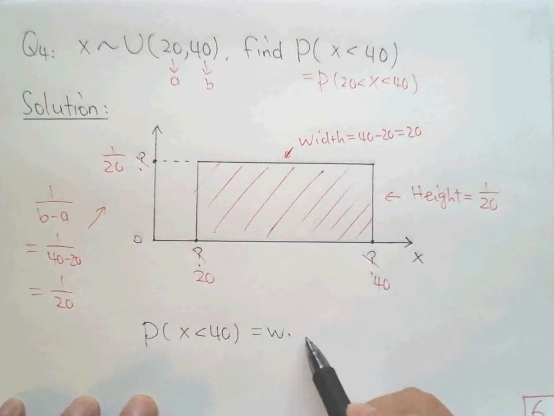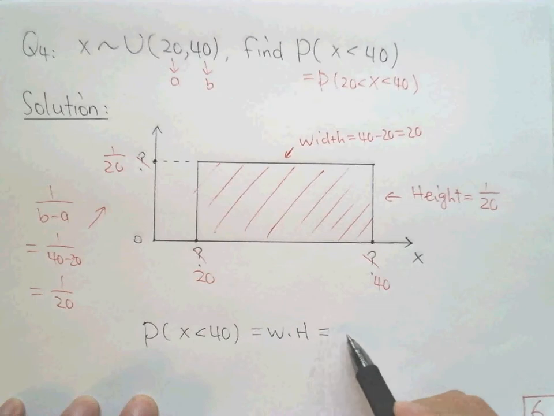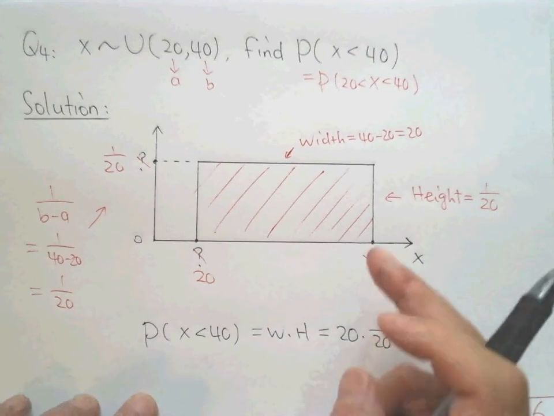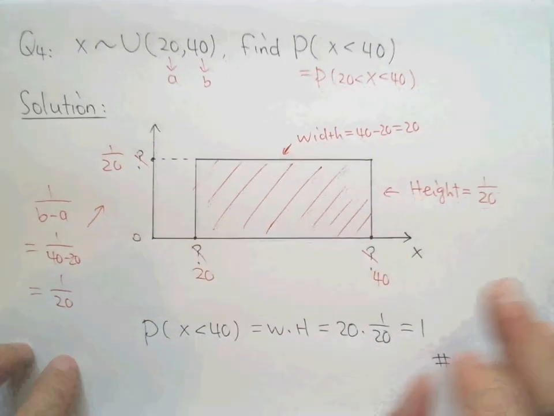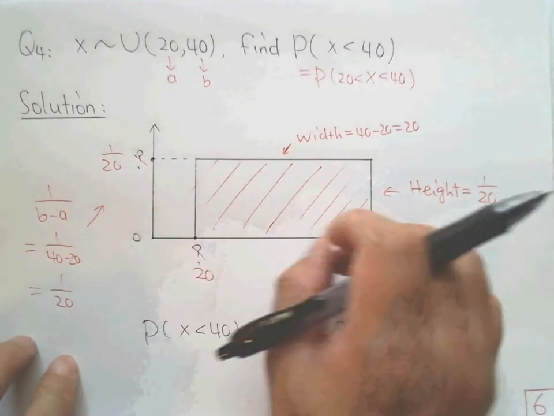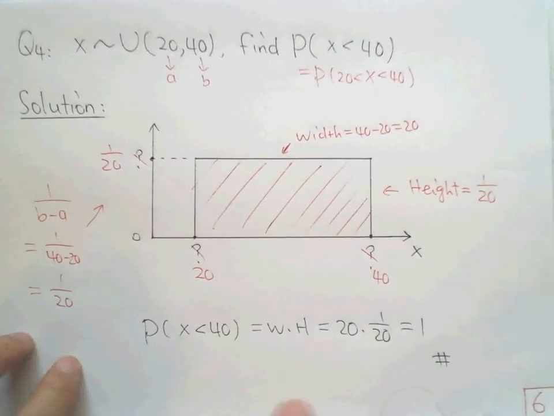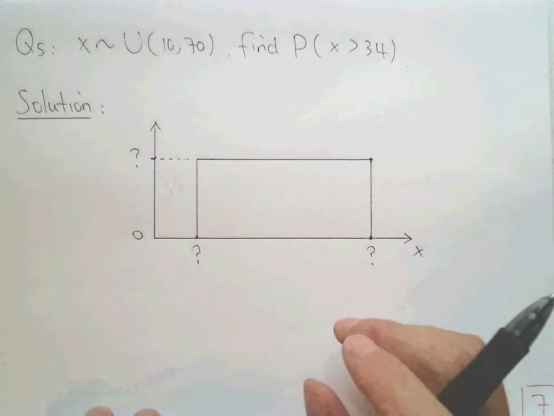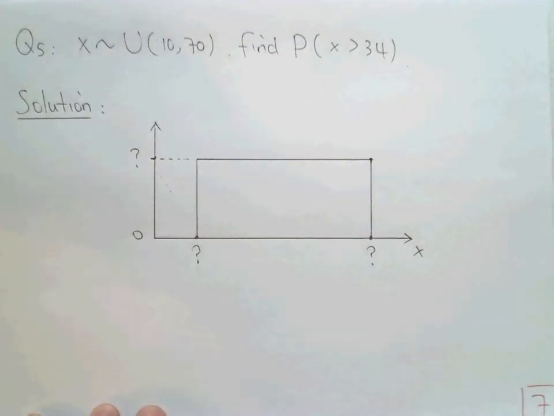The probability of x less than 40 is the width times the height. The width is 20. The height is 1 out of 20. Can you see? Definitely is 1. 100%. Why? Because 20 to 40 covers all the possible value, right? All the possible value is a probability 100%.